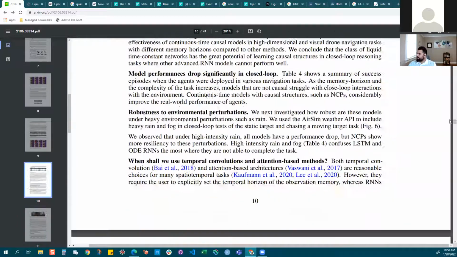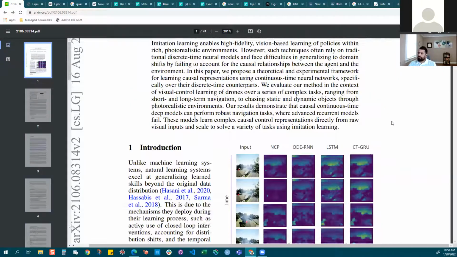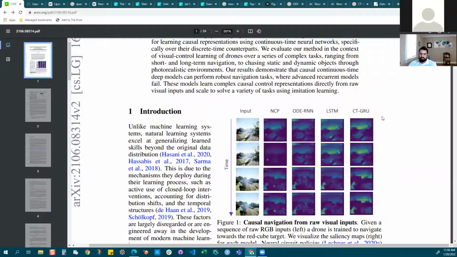Before I stop, very quickly for questions, one thing I want to mention is that a lot of our research may not be directly related to this, but where this sort of causal neural network model can be helpful is where we have high dimensional data, because here the drone is looking at the environment in very high quality, and there's a lot of pixel data.